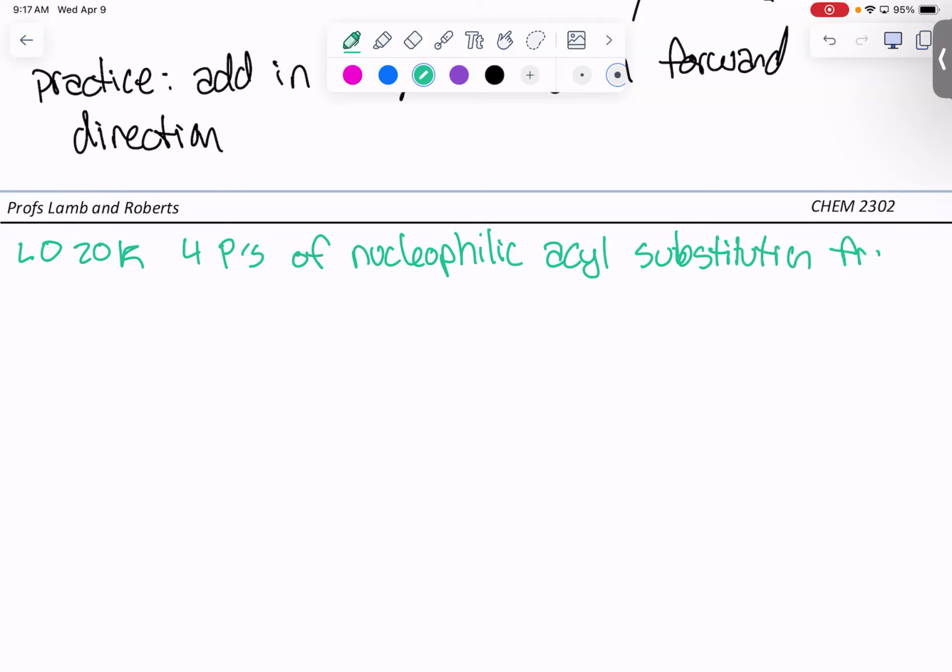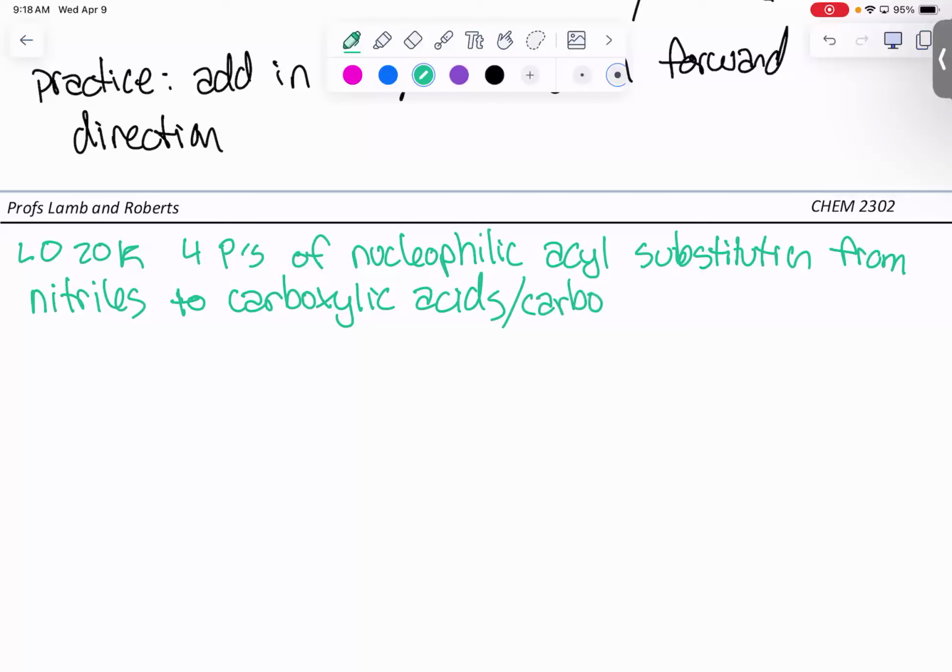And we're going from nitriles, right? We just learned another way to make those, to carboxylic acids. Kind of the opposite of the reaction that we had in our multi-step synthesis. If this is under basic conditions, we're going to say these are going to the carboxylates, right? So just to be precise there.